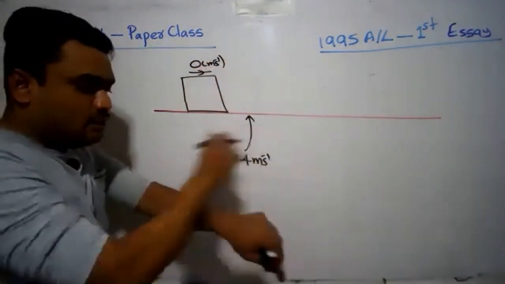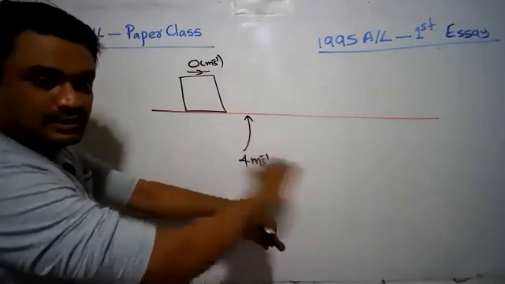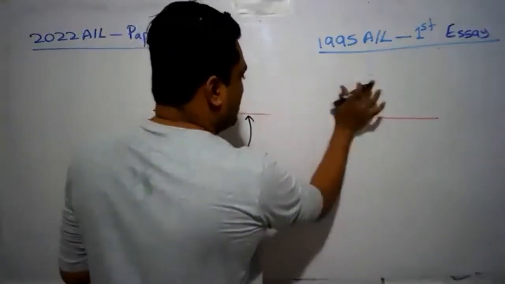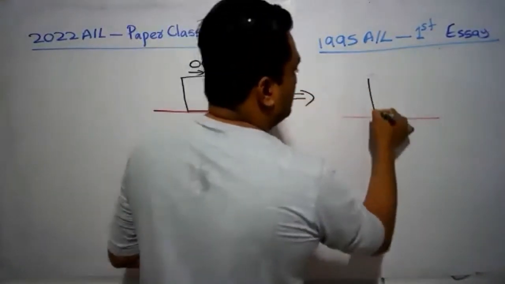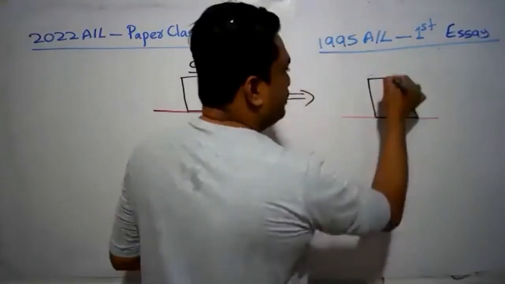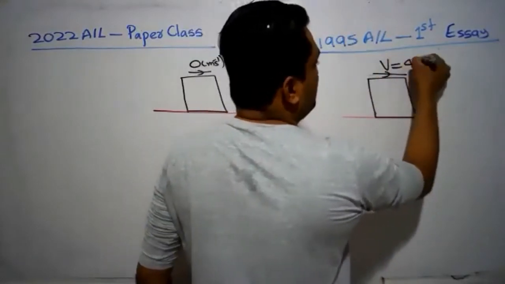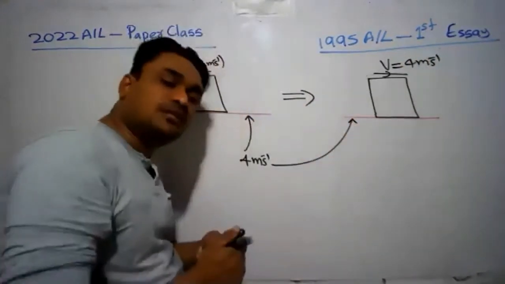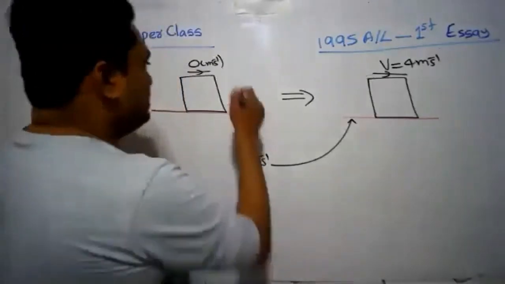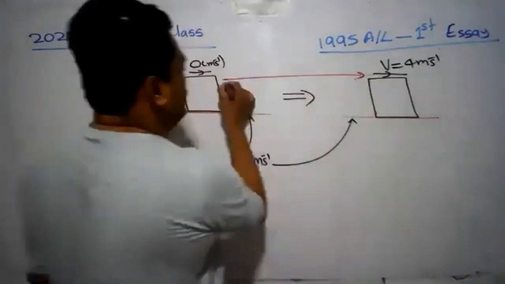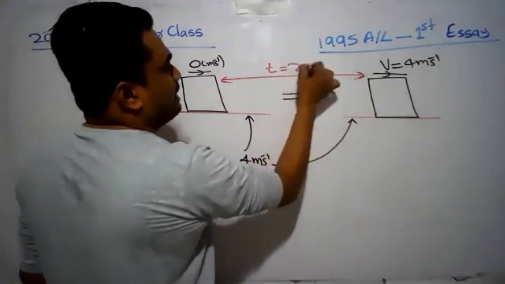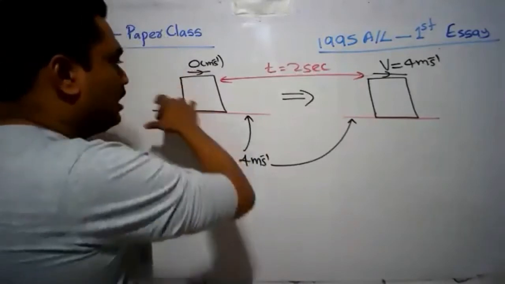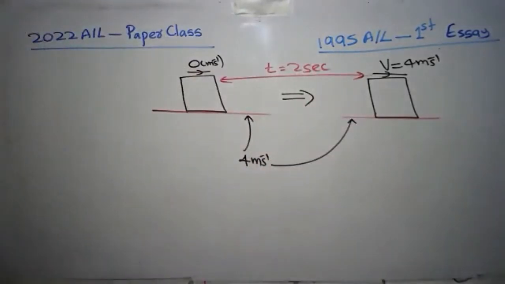It means they slide on each other like this. But after some more time, the velocity of the box also becomes 4 meters per second. So the belt is moving with the velocity of 4 meters per second. The box is also moving with the same velocity. The time taken for this change is given as 2 seconds. Got it? Draw this figure here. Draw it.